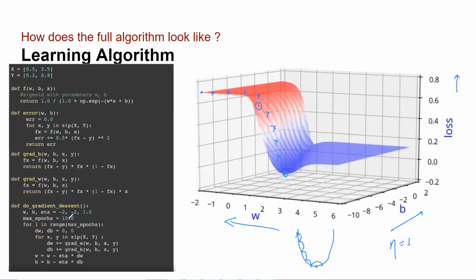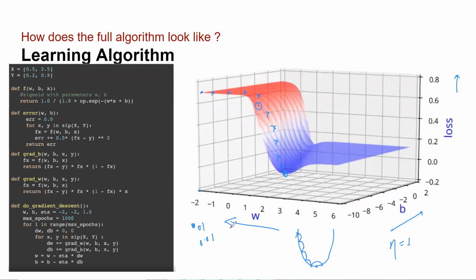Here I have taken the learning rate 1, which is quite a big number. Usually people keep the learning rate 0.1 or 0.01. But if you keep too small a learning rate, the convergence will be very slow. The algorithm will take a very large amount of time to reach minima. So it's always a trade-off.